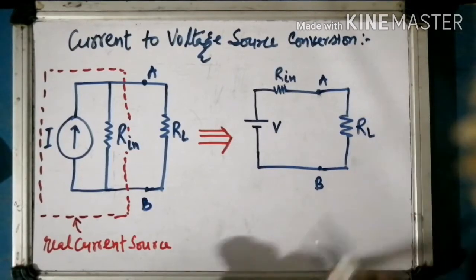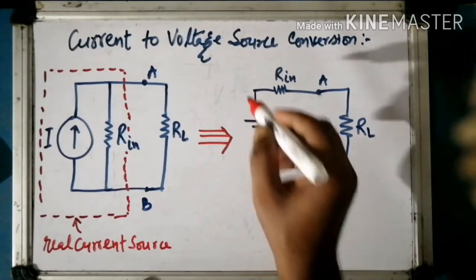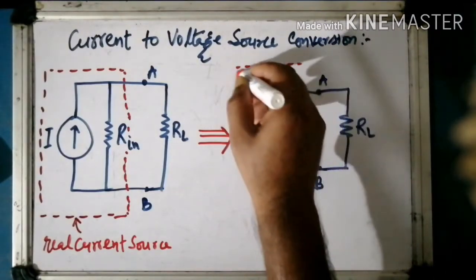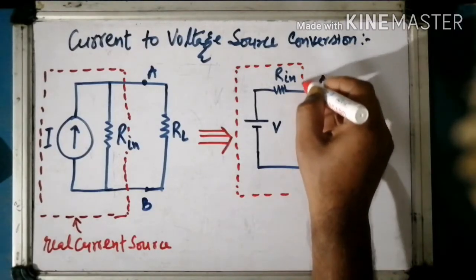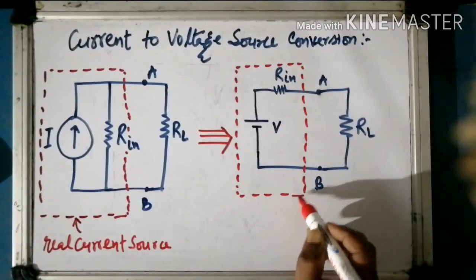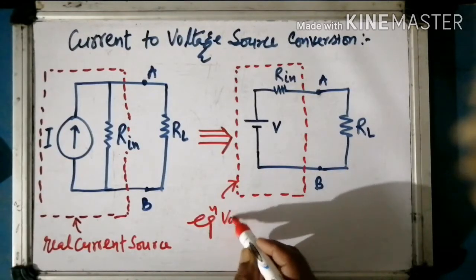This one is load RL, right? This one is the dotted portion in which there is an equivalent voltage source, right?